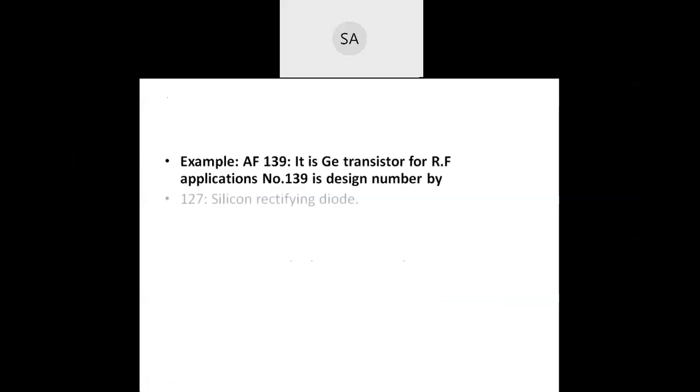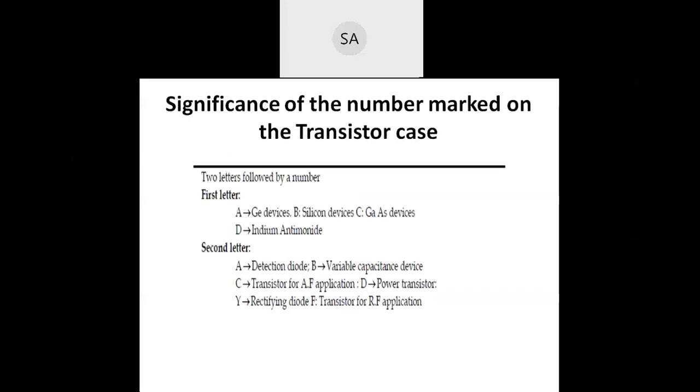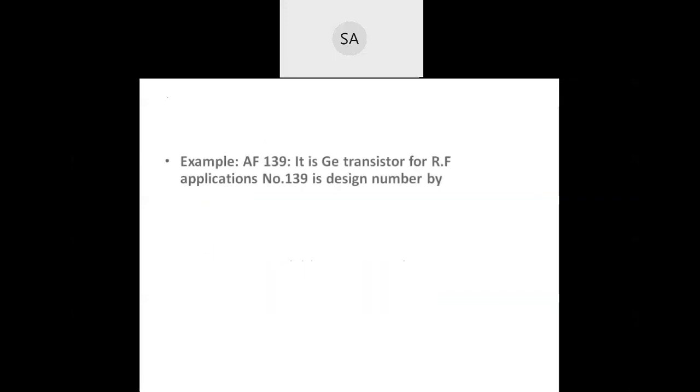Example, AF139. It is a germanium transistor. A means it is a germanium device. F means transistor for RF applications, radio frequency applications.